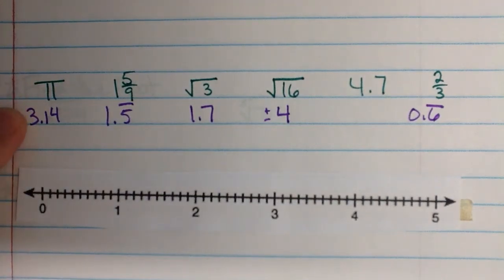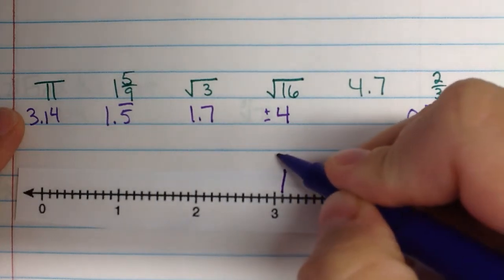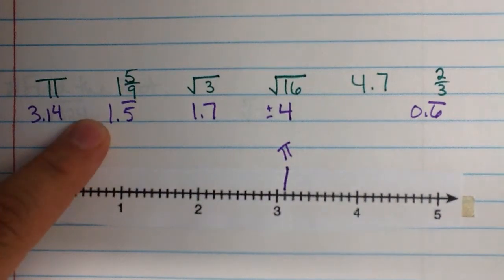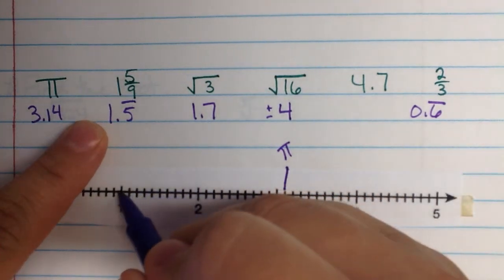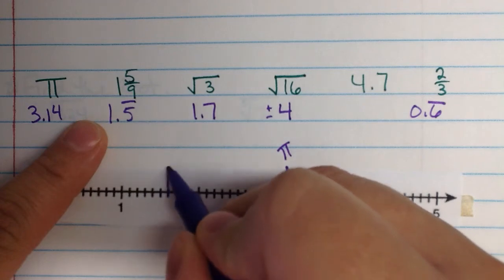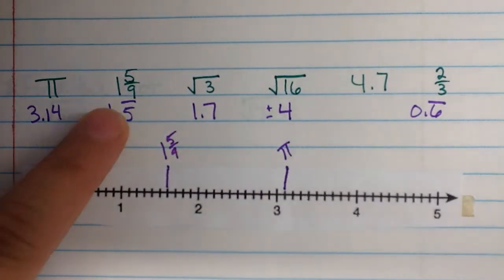Pi is 3.14, so I'm going to round that to here, and you put the original number, pi. 1.59 repeated, or 1.5 repeated turns into 1.6, so 1.1, 1.2, 1.3, 1.4, 1.5, 1.6, 1 5/9.